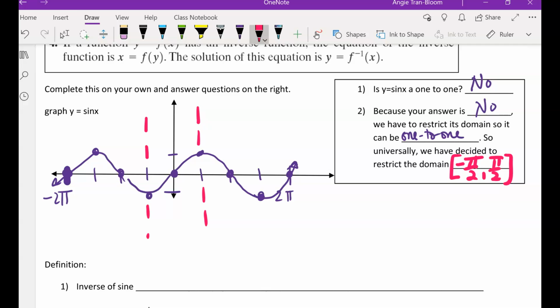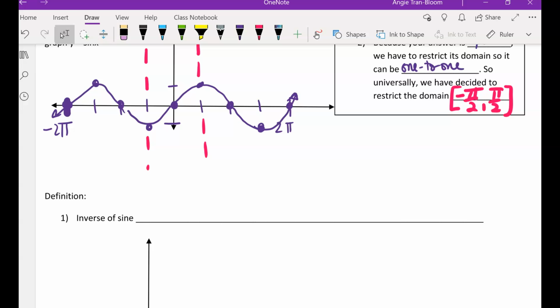So, the definition of your inverse of sine. For the inverse of sine, all we do is switch x and y. We normally write y equals sine of x. Now we write x equals sine of y. We don't typically use x equals, so how do we solve for y? The inverse.